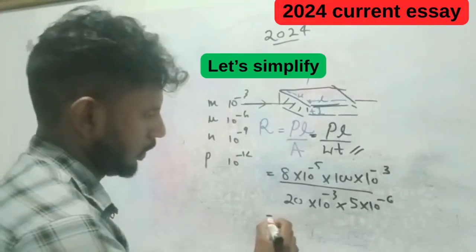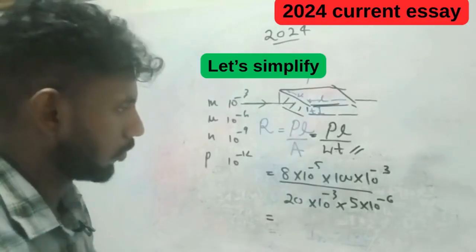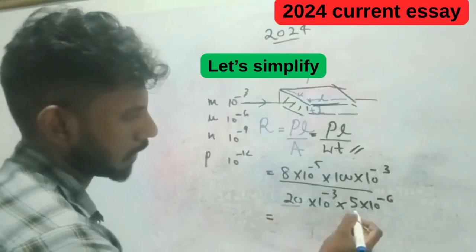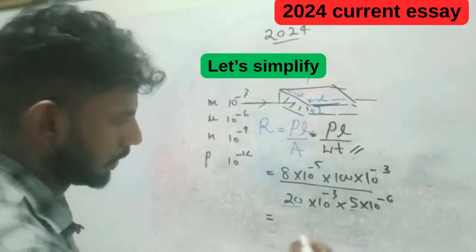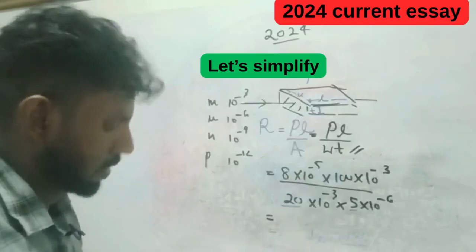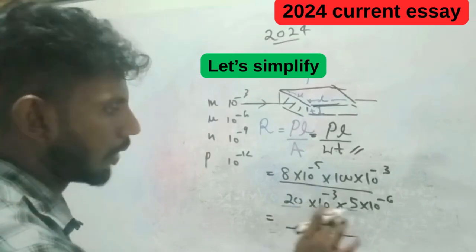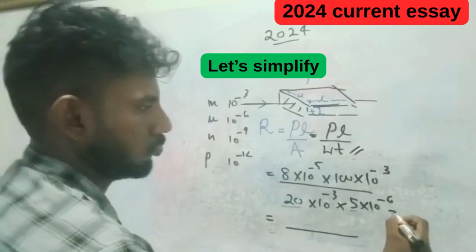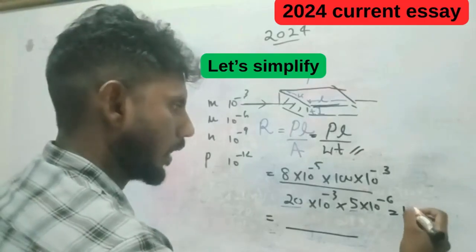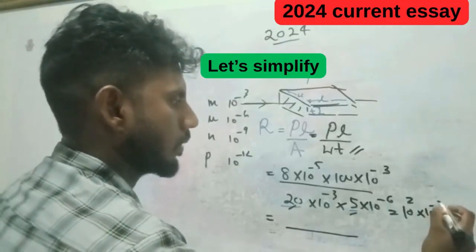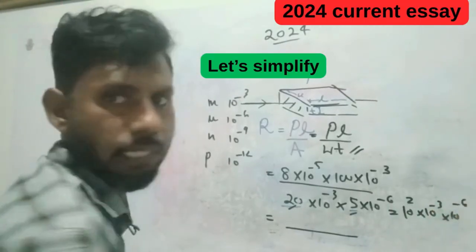Right. Let's simplify. I'm going to simplify in this method. 20 into 5, that's 100, of course you can see 100 here, 10 squared, and 10 to the power minus 3 and 10 to the power minus 6, right.